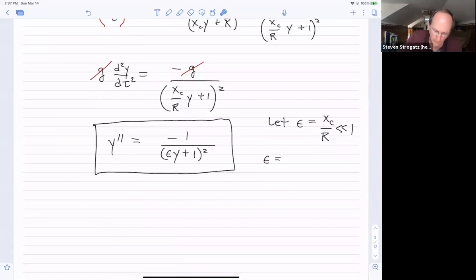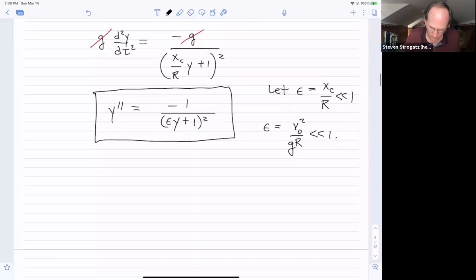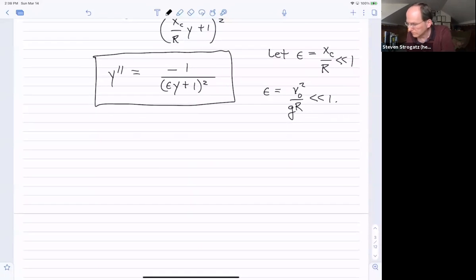We get epsilon is v0 squared over gr, which you can interpret as saying that the initial velocity is very small compared to the escape velocity. So it's all working out the way we would have expected. Okay. Now, let's also convert the initial conditions into this new dimensionless way of looking at things.